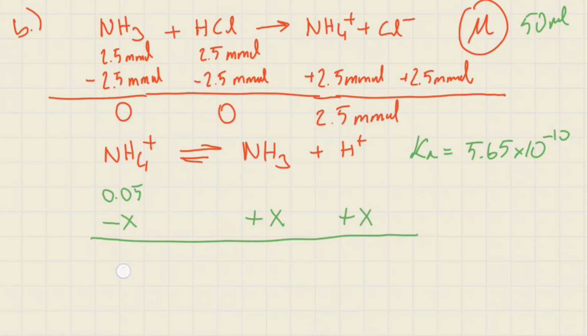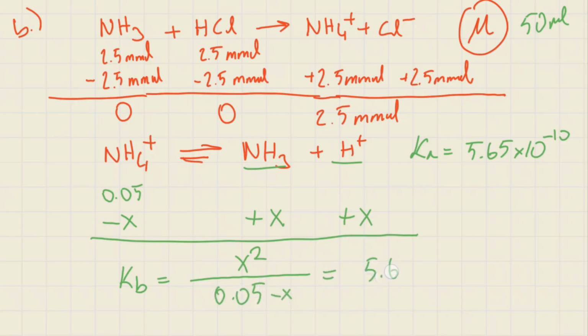So if I write the Ka, it will be equal to NH3 times H plus, which will be X squared, over the NH4 plus concentration, and it is equal to 5.65 times 10 to the minus 10.